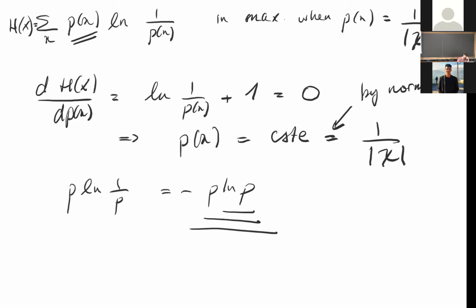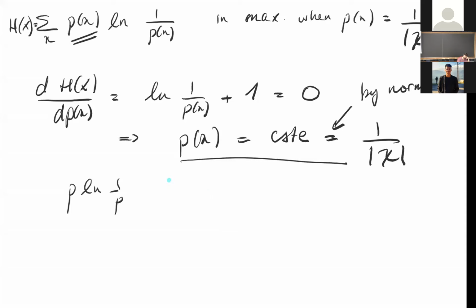So wait, no, I'm saying something wrong because this is the max. I'm saying a stupid thing. You said the opposite: concave and convex.